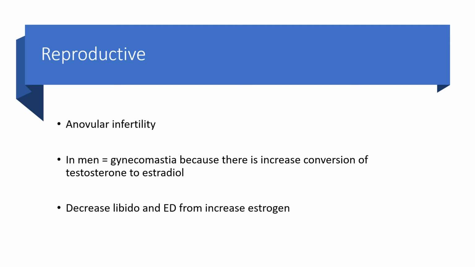Because there is the possibility of increased conversion of testosterone to estradiol. Okay? And we might be dealing with decreased libido or erectile dysfunction from increased estrogen. Remember, I said something like this when I was handling hypothyroidism as well. You can check that out.